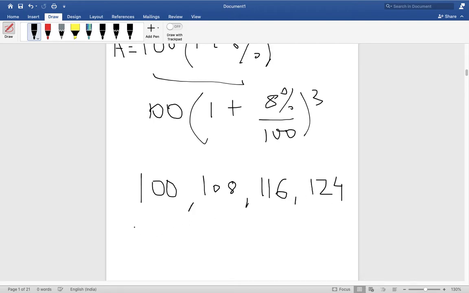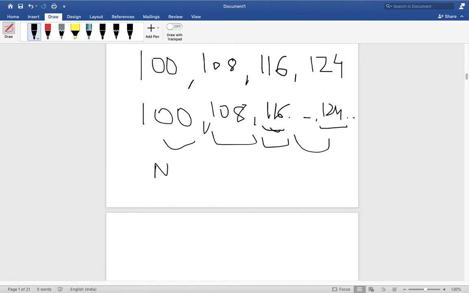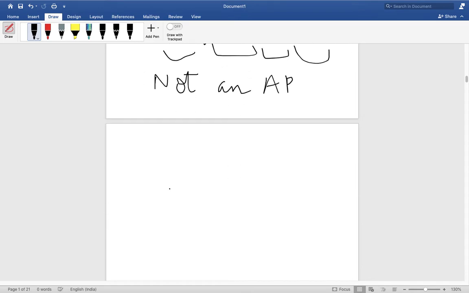But when it's compounded, you will have something like 100, 108, 116 point something, 124 point something, maybe more than that. Maybe it's 117 or 118, maybe it's 125, 126. We don't know. But we do know that the common difference is not the same in both these cases. So hence it's not an AP, not an arithmetic progression, because the common difference is not same in this case.